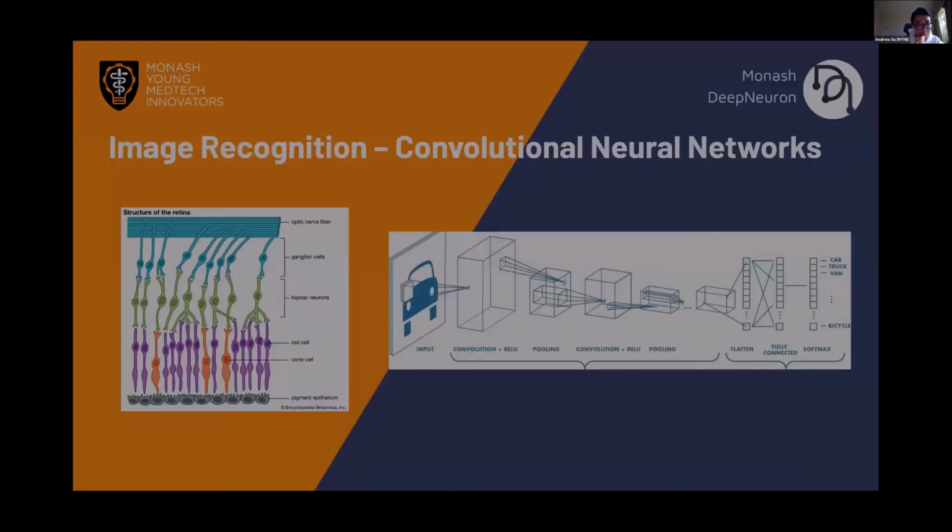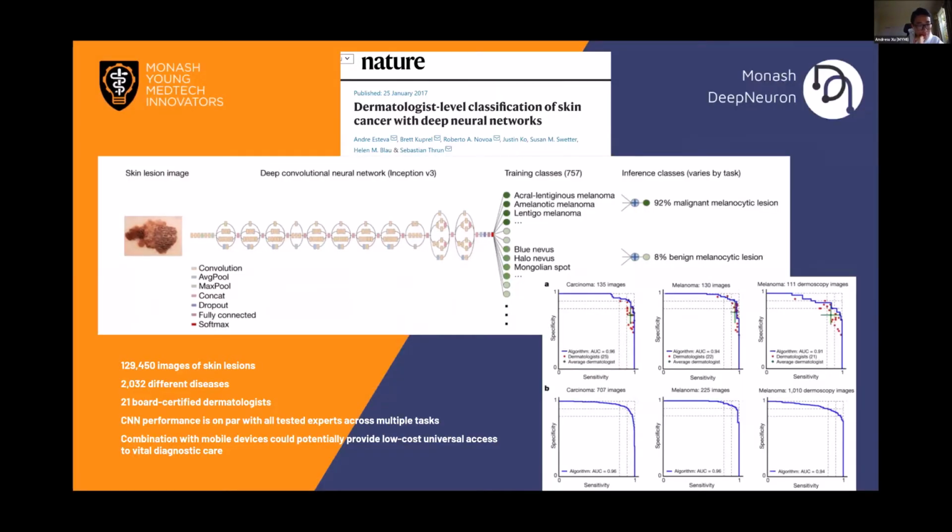One of the best examples of this in action was the classification of skin cancer using skin lesions, which was published about 3 years ago in Nature. We look at skin lesions and determine, based on a multitude of factors, whether they're cancerous, so malignant and really dangerous, or benign, not dangerous.